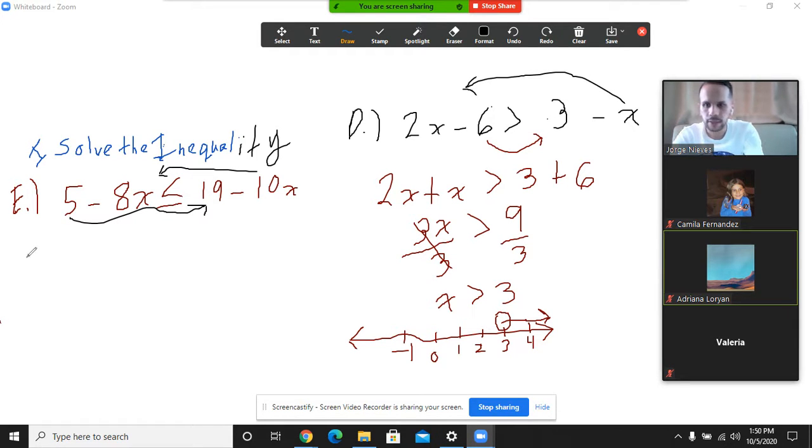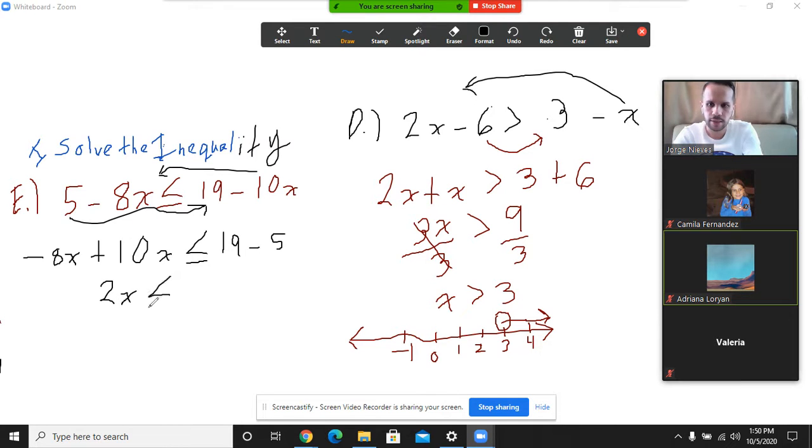It's going to be negative 8x plus 10x, positive 10x, less than or equal to positive 19 minus 5. So I'm going to subtract on the other side. It's going to be 2x is less than or equal to 14.